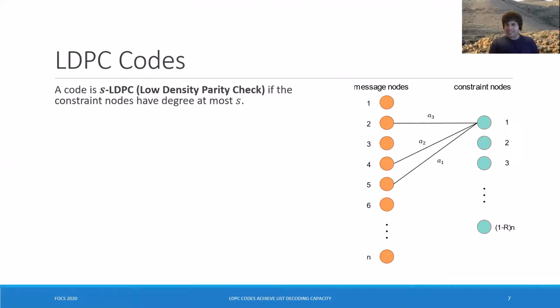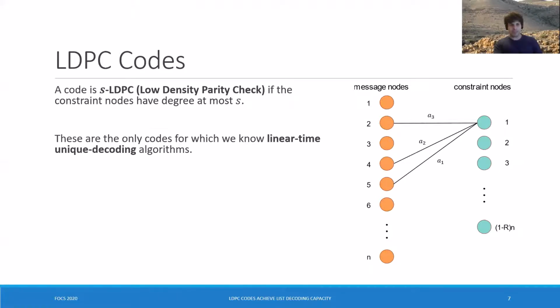What I told you until now is really just a graphical way to write the parity check matrix of any linear code, so it didn't really add much. However, more interestingly, if this graph is sparse, in the sense that every constraint node has degree at most s for some small constant s, then we say that the code is an s-LDPC code, where LDPC stands for low density parity check.